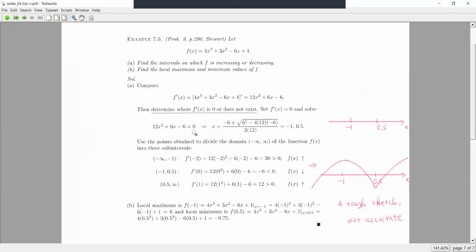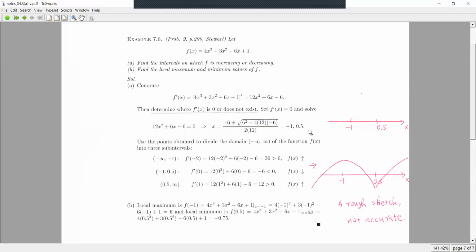You can use factorization, but I like to use the quadratic formula: negative b plus or minus the square root of b squared minus 4ac, over 2a. The answer is negative 1 and 0.5. So 2 points where the derivative is 0. The derivative is 0 only at these 2 points.